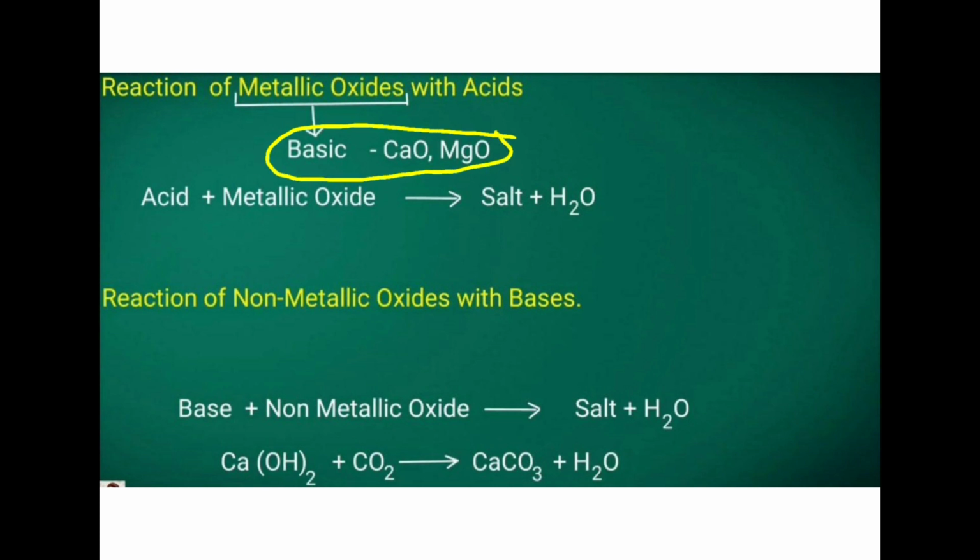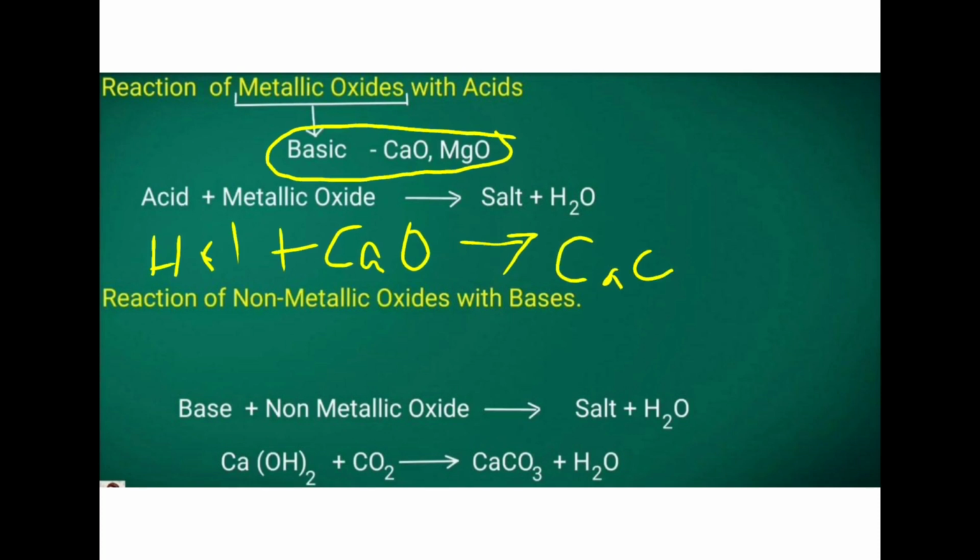So instead of acid we can take HCl plus CaO, which produces CaCl2, a salt, plus water. So this is the result. That means acid plus metallic oxide produces salt, that is CaCl2, plus water.